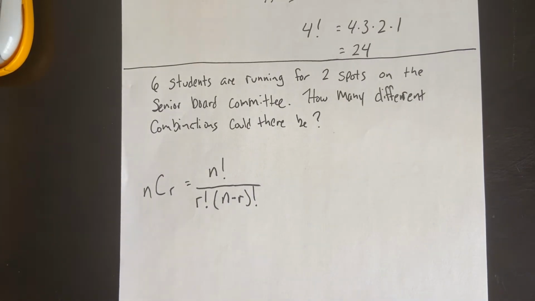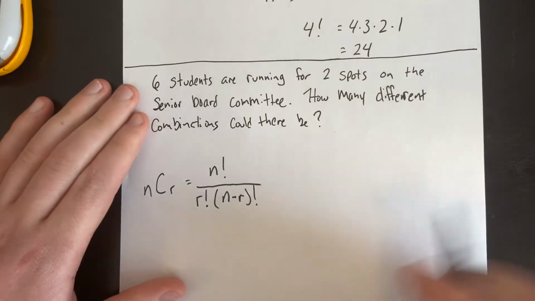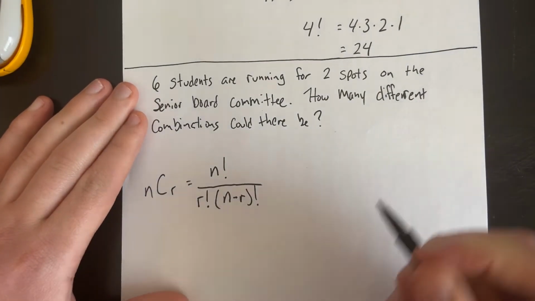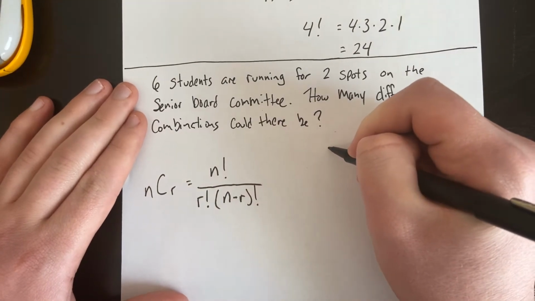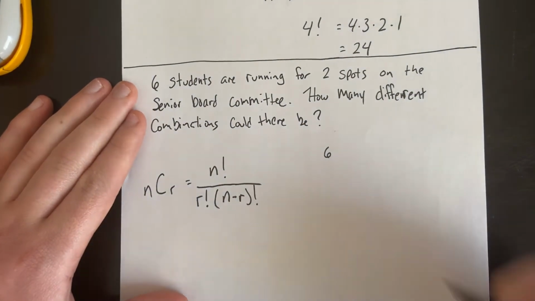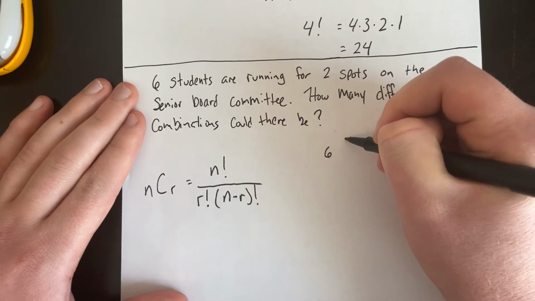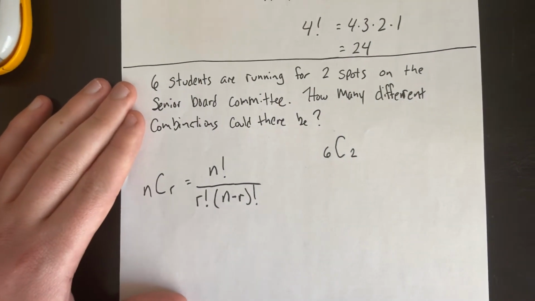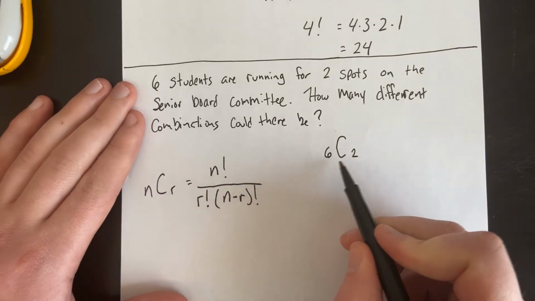Here is the formula you might need to write down for combinations: nCr. In this case, n is how many total people, and r is how many we are choosing. We have 6 students, and we want to know how many combinations of 2 spots there can be. So this is my n, this is my r.